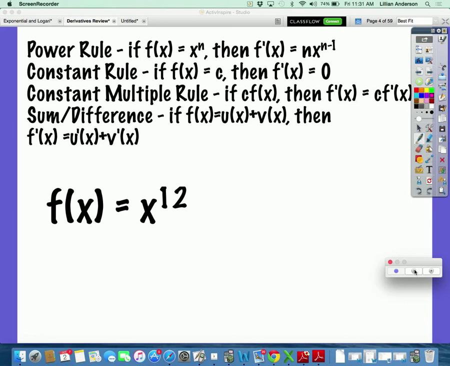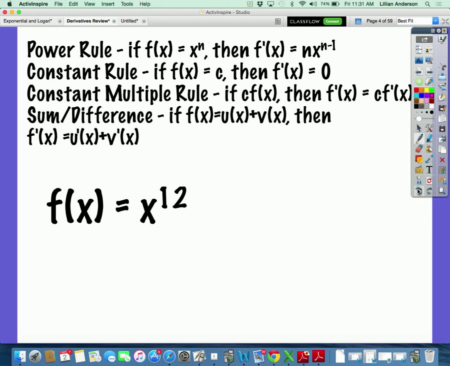Constant multiple, which I was showing AJ in the last one, is if there's a number before your x squared, so say this was a 3, x to the 12, then you would actually multiply the 3 by whatever the derivative was of x to the 12. And then lastly, if you have multiple pieces, like a trinomial or a binomial, then you just take the derivative of each term. Okay? So, whiteboard time.